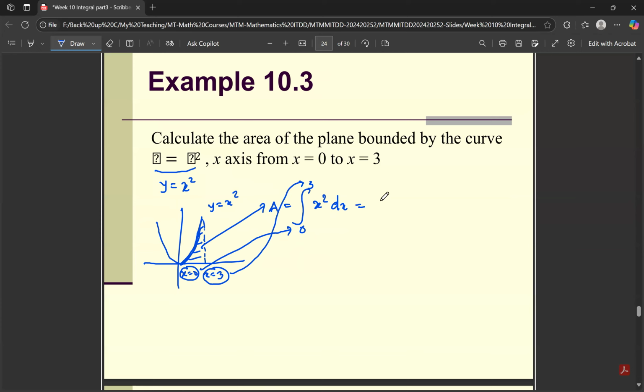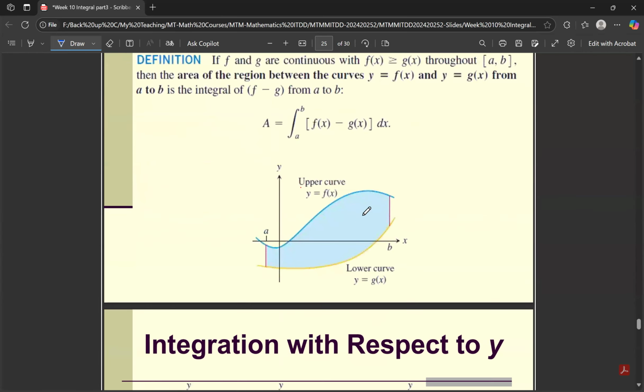So the area will be one third x cubed, evaluated from 0 to 1. Substituting 1 gives one third, and substituting 0 gives 0. So the result will be one third. This is the illustration.